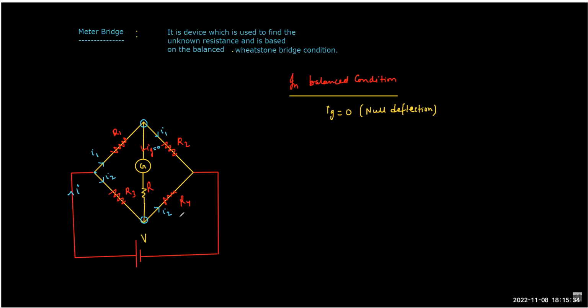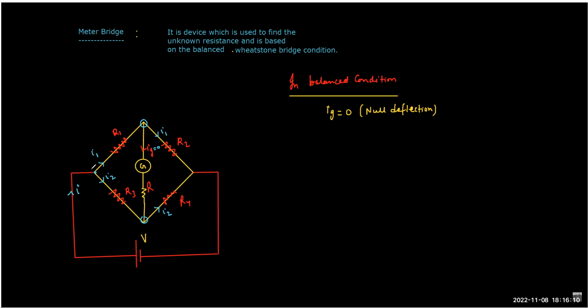It doesn't depend on the actual value, rather the ratio. So if I1, I2 is the division on the left, and if you look from the right, it is a similar division. It means the ratio is bound to be similar. So R1 is to R3 must be equal to R2 is to R4. And if this ratio is maintained from both these sides, then this condition can be achieved, which we can prove mathematically as well without any difficulty.